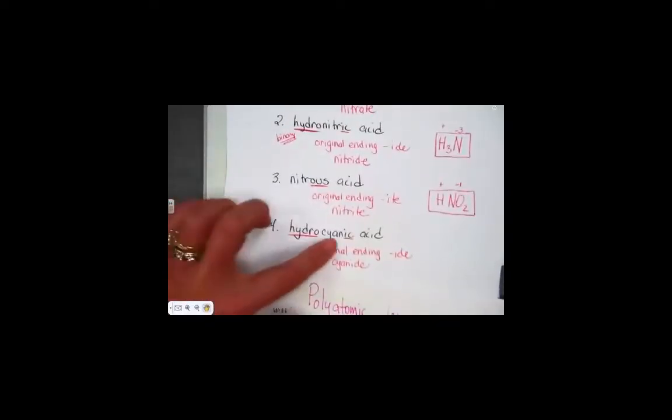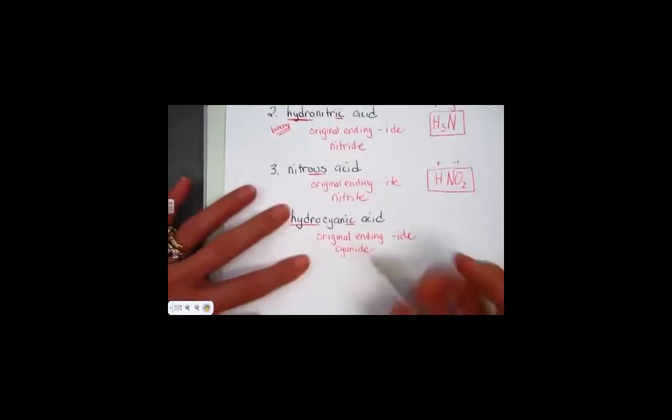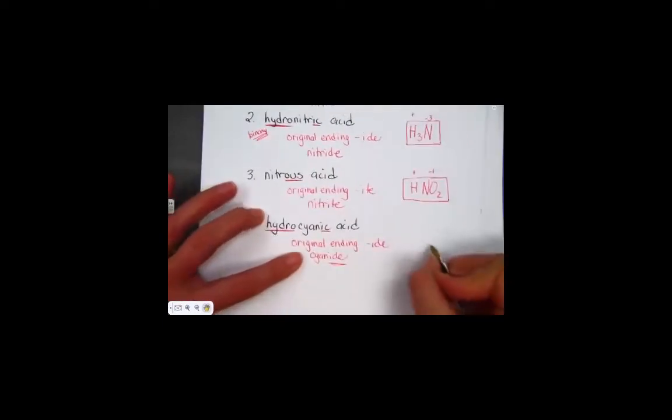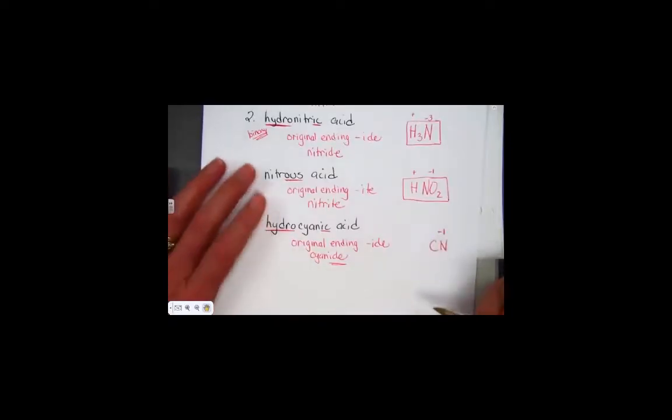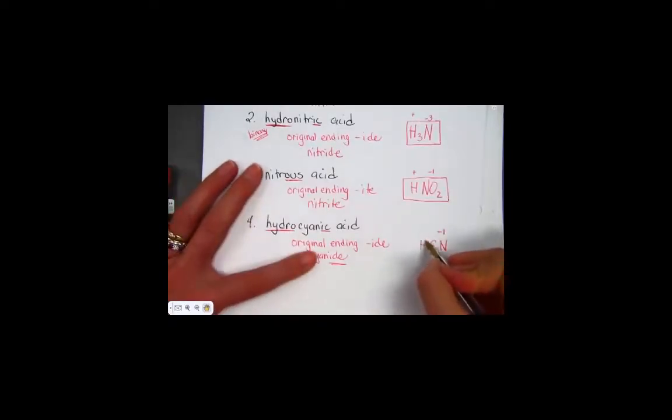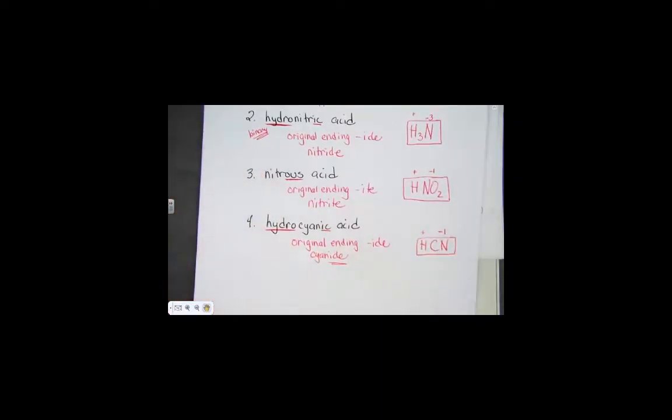Ending in "ide" makes it follow this rule, hydro root word "ic." So the original ending is indeed "ide." Start it with an H because it's an acid. +1 balances a -1, and we get HCN, hydrocyanic acid.